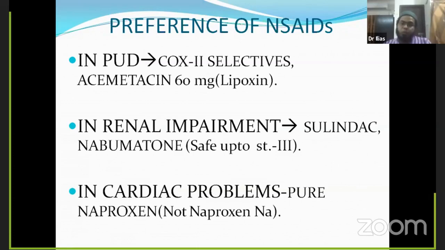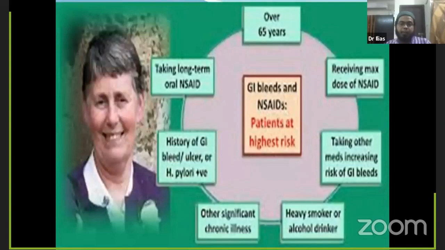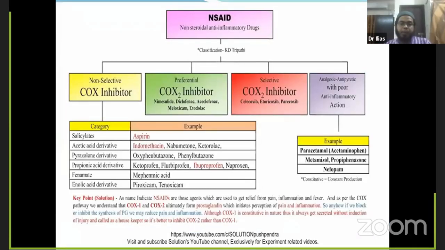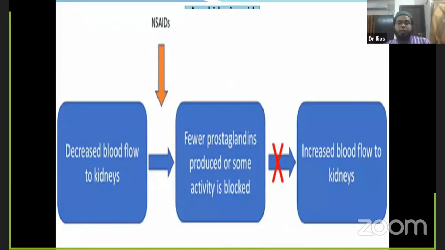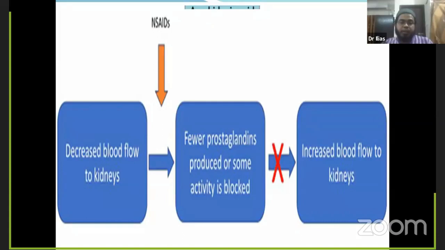You see, what special criteria do Sulindac and Nabumetone have? Earlier I think I showed you here. You see, NSAIDs will interrupt the formation of the renoprotective prostaglandin, but Nabumetone and Sulindac won't have any kind of interruptive effect on the production of the renoprotective prostaglandin.